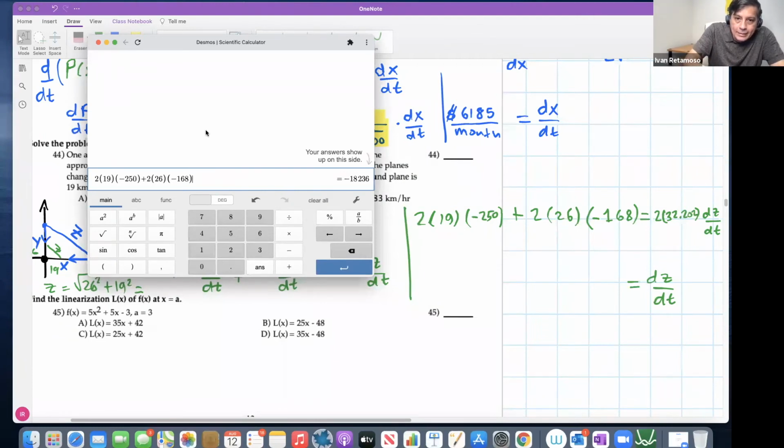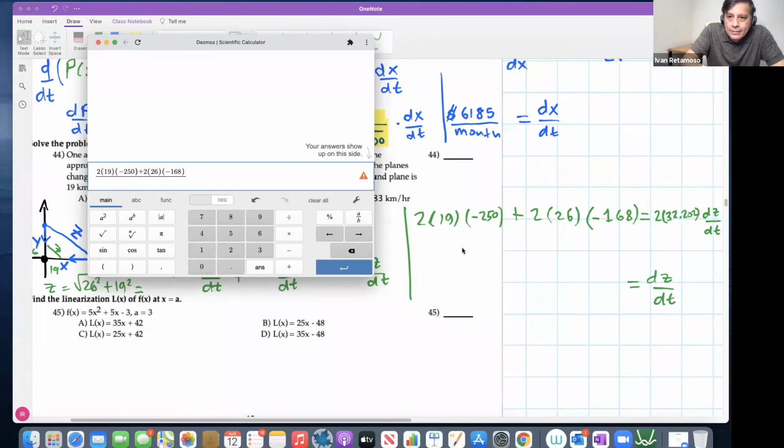Yeah, and then since I didn't use fractional form, I can just highlight this, click a slash, and then on the denominator, I have to type twice 32.202. It comes out negative 283.15, right?